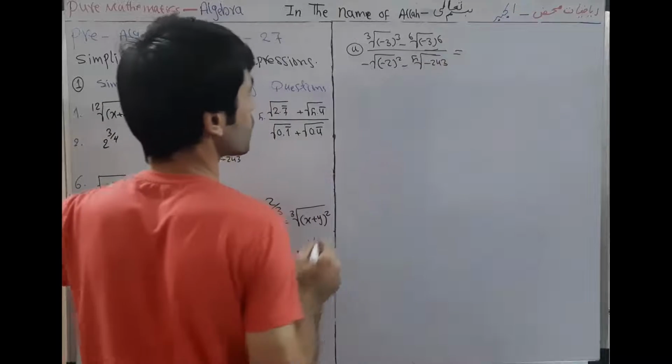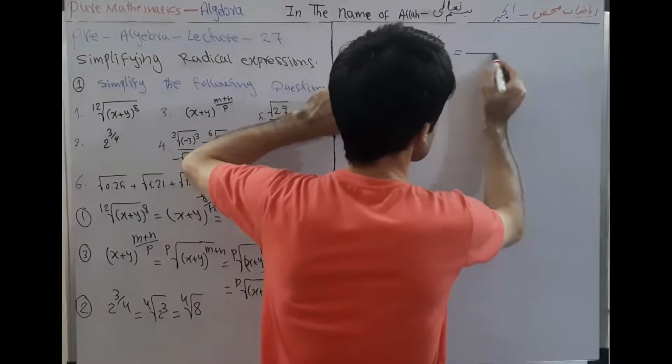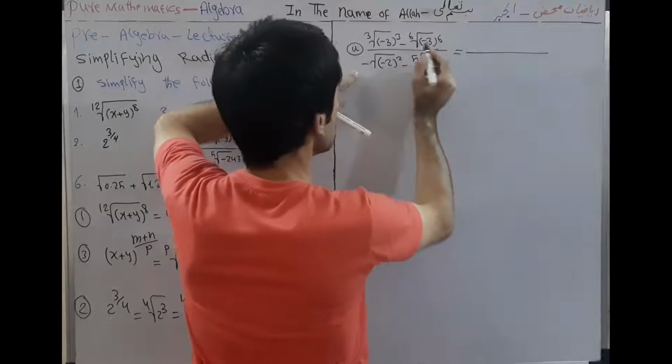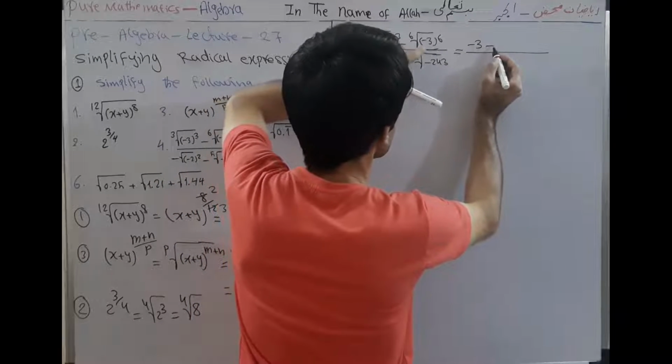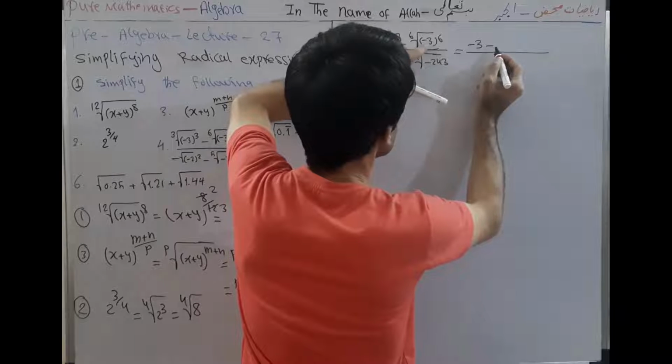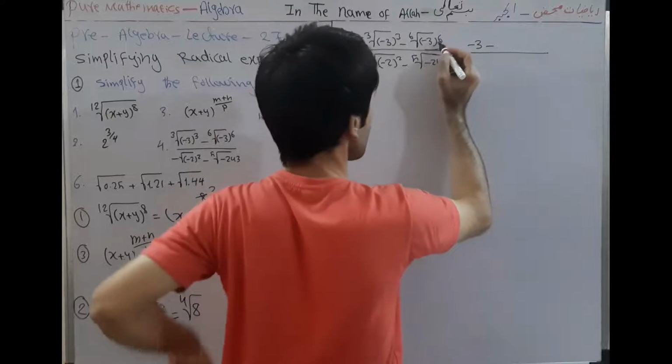Now we want to simplify this expression. It is equal to minus 3 minus the sixth root of (minus 3) whole to the power 6.